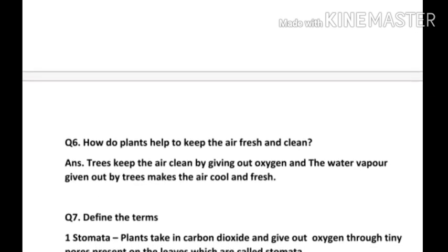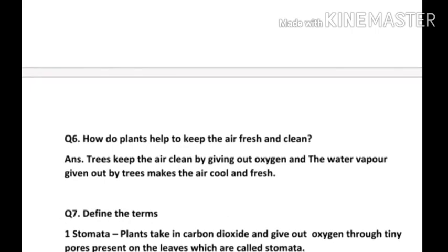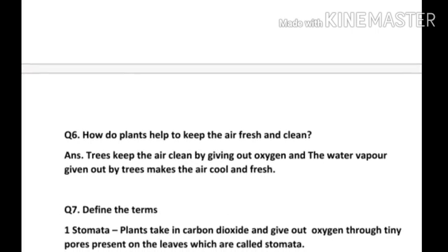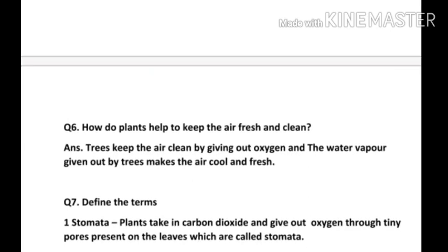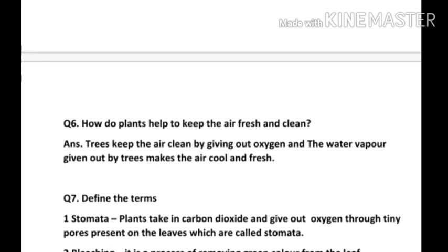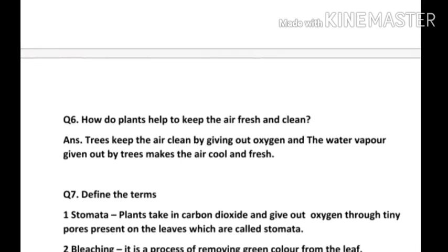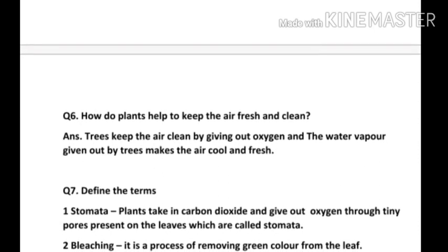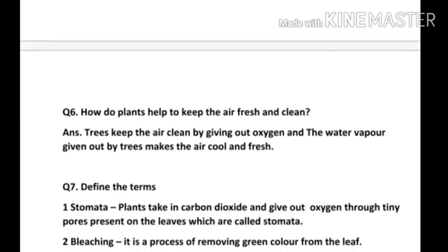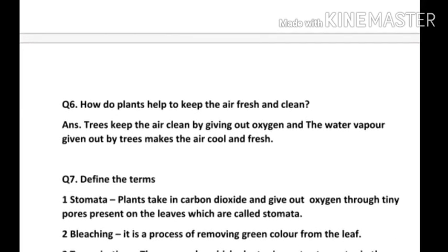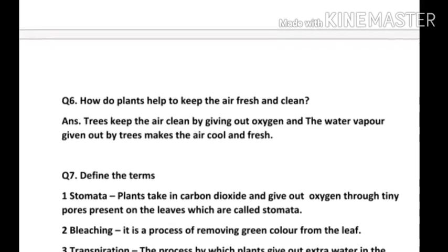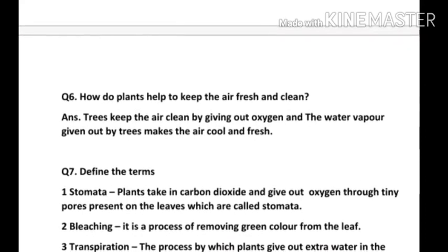Now see question number 7. Define the terms. Stomata: plants take in carbon dioxide and give out oxygen through tiny pores present on the leaves, which are called stomata. Second is bleaching. It is a process of removing green color from the leaf.